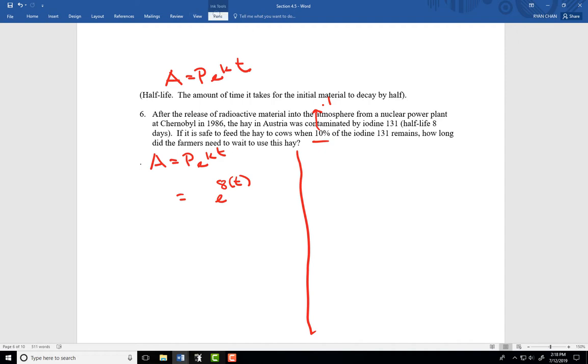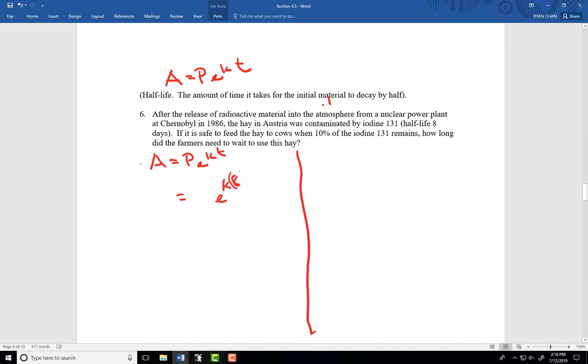My apologies. We actually don't know the 10% here. So my apologies right there. Okay, so my bad. Let me re-explain again. So t is actually going to be 8. We actually don't know k.